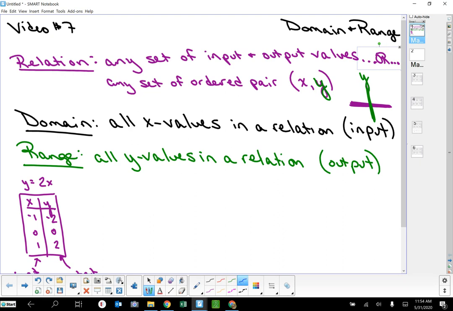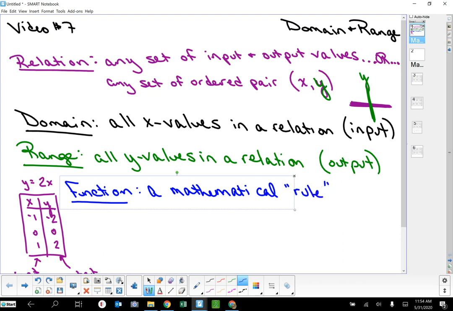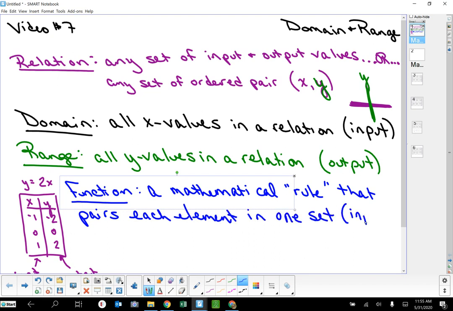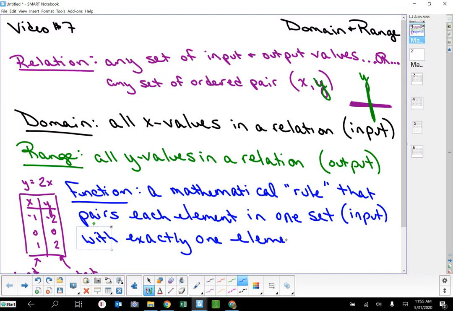And then a function. A function is a mathematical rule that pairs each element in one set, i.e. your input values, with exactly one element in another set, i.e. your output.